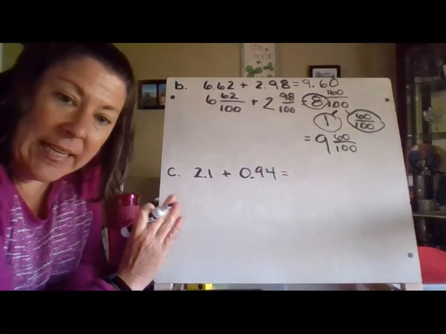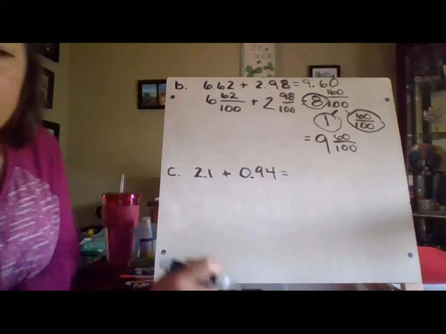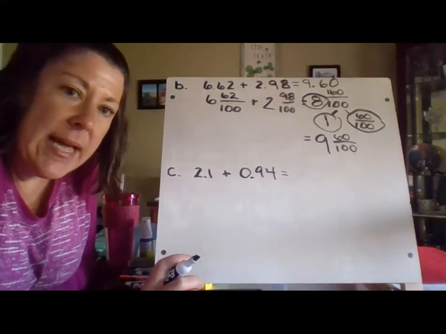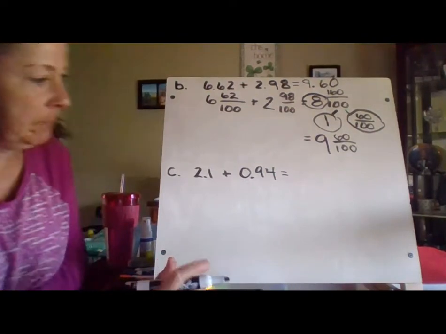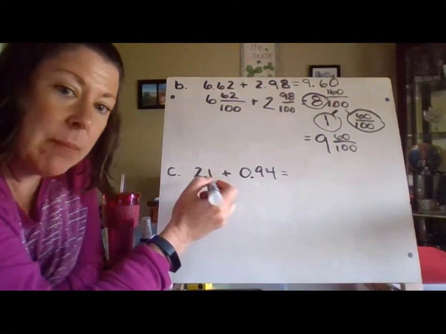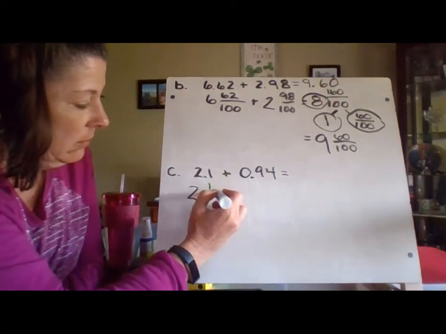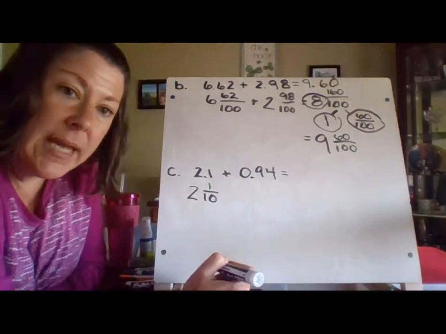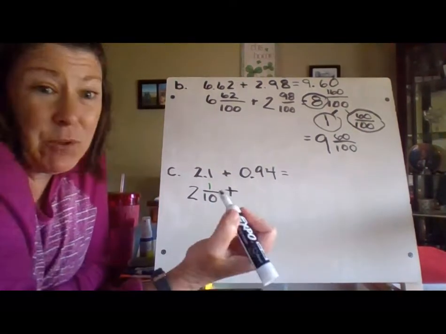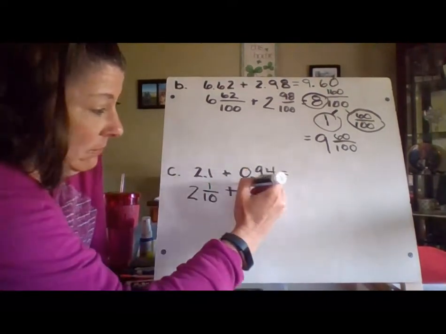Last example for today, letter C. 2 and 1/10 plus 0 and 94 hundredths. First, I'm going to write my mixed numbers, 2 and 1/10 plus, if you want to put the 0, put the 0.